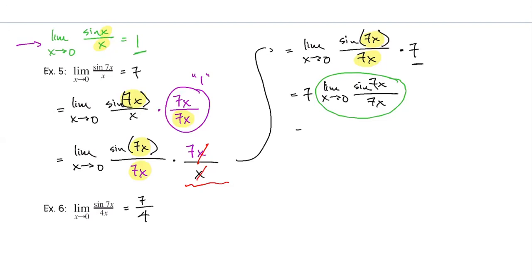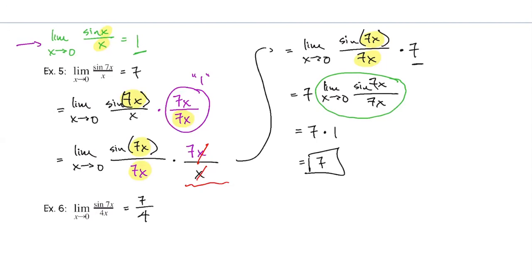And so what this question is really saying is 7 times 1, and that is how we get the 7. No, you were wrong. You cannot factor a 7 out of a sine 7x. That is conceptually, fundamentally wrong. It's incredibly tempting though, and so many people want to do it, but you cannot.